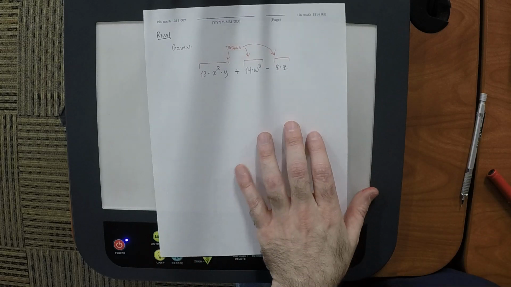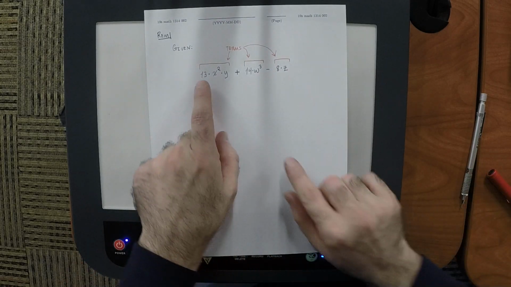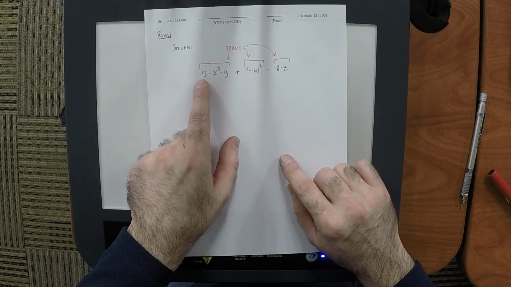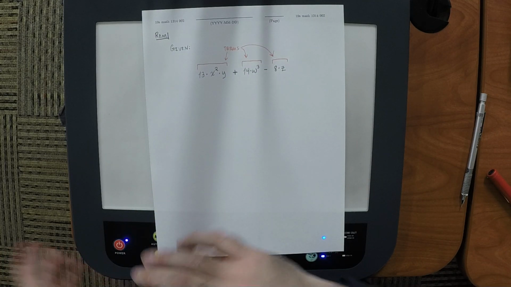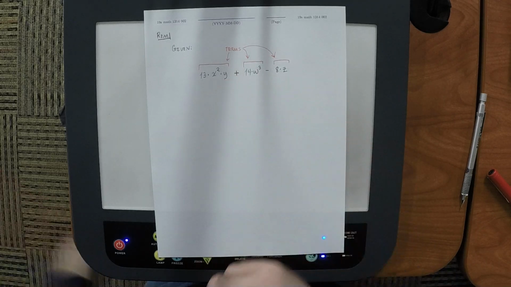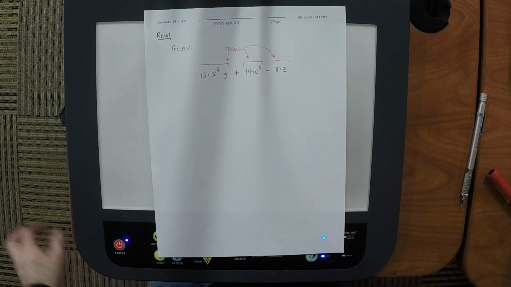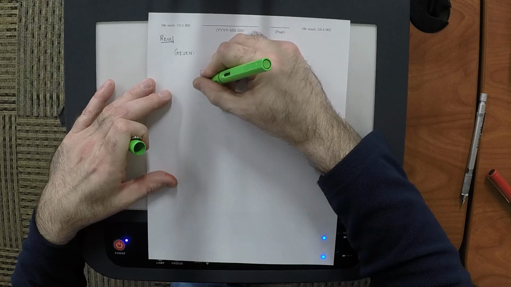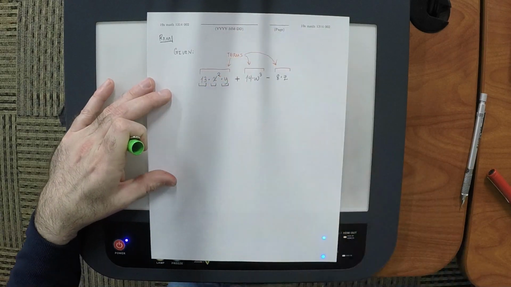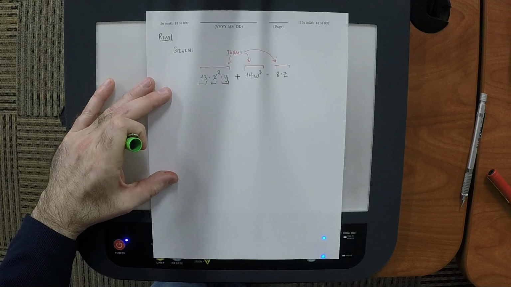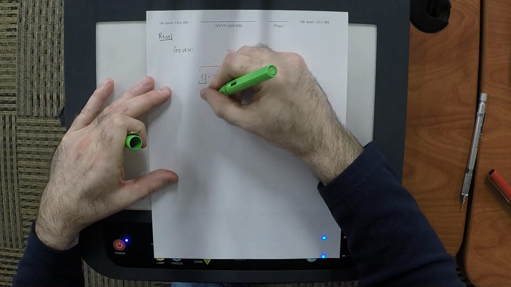Now, within terms, there are little bits that are separated by multiplies and divides, because I could have made one of them a divide. These individual items, things that are separated by multiplies and divides, are called factors.